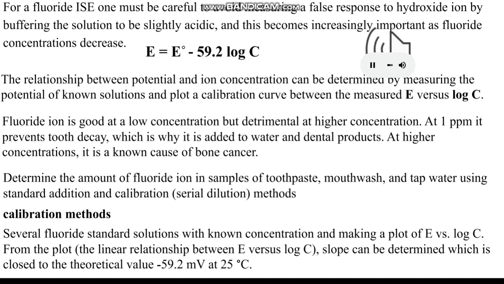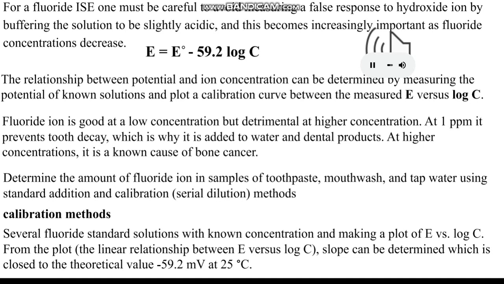But the buffer solution now serves as an ionic strength buffer, keeping the ionic strength constant, and consequently keeping the activity coefficient constant from one side. From the other side, it prevents the hydroxide ion from interfering with fluoride analysis.